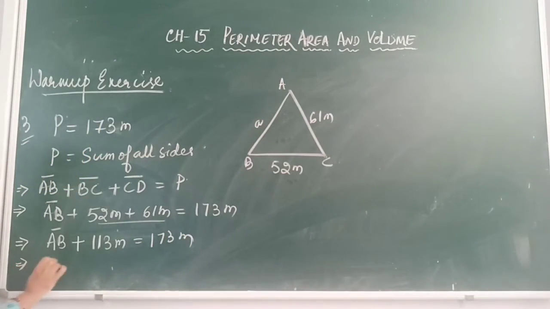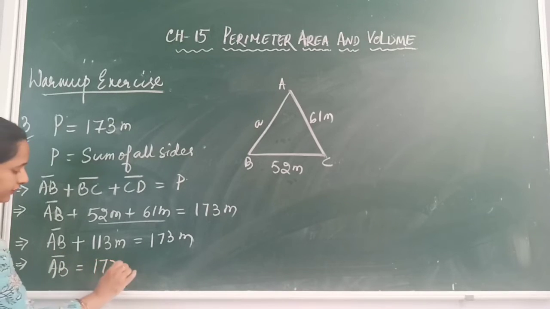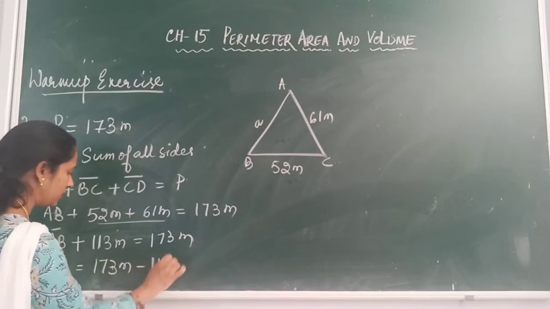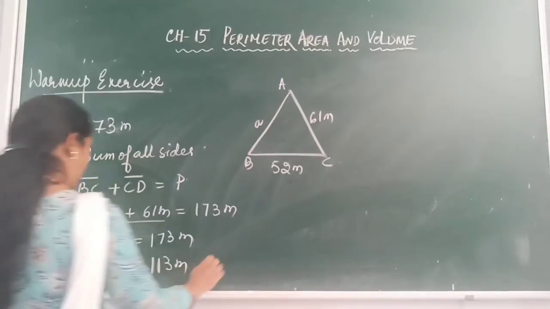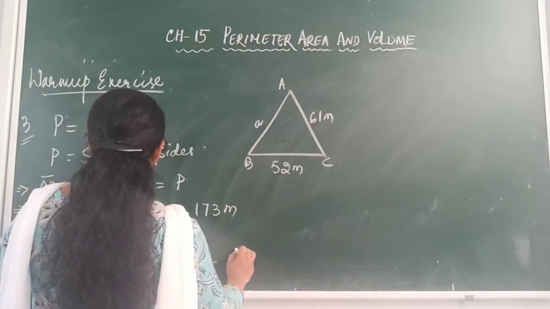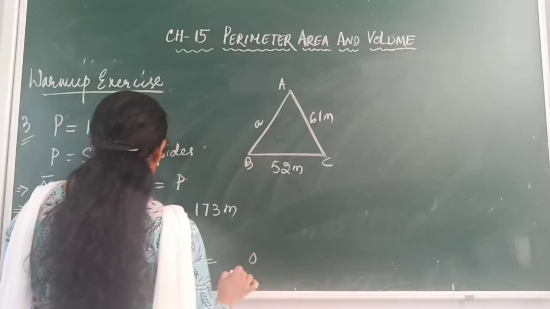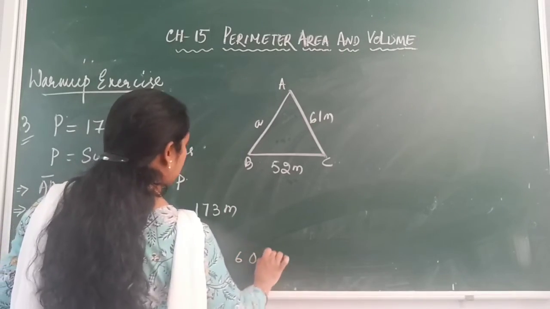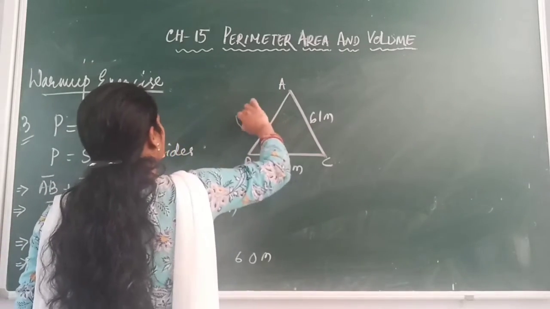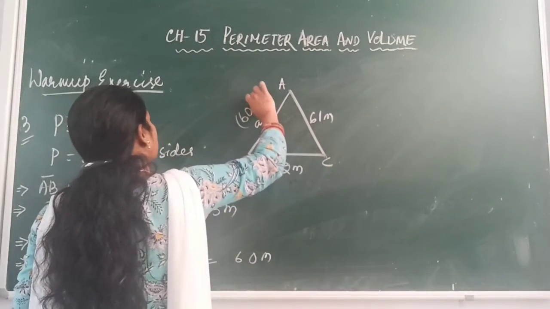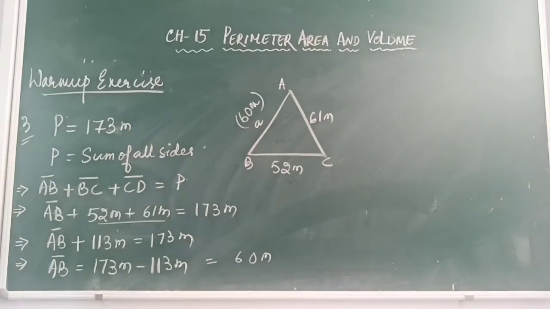This implies the length of AB will be equal to 173 meters minus 113 meters. How much will it be? It will be 0. 7 minus 1 is 6. 60 meters. So the other unknown side measurement is 60 meters. So this is how you will find the length of an unknown side.